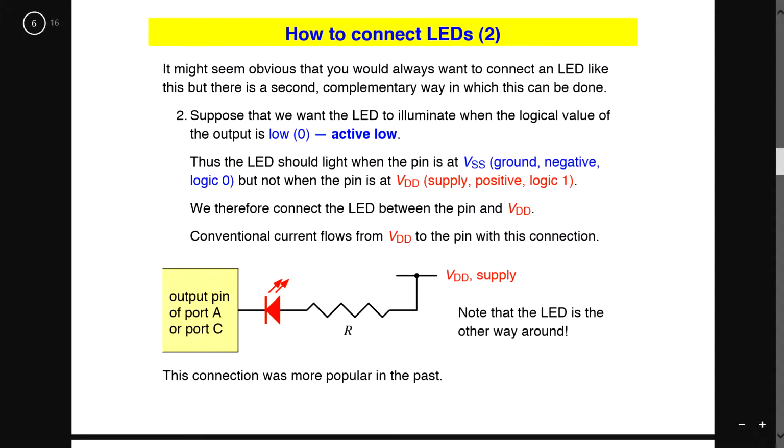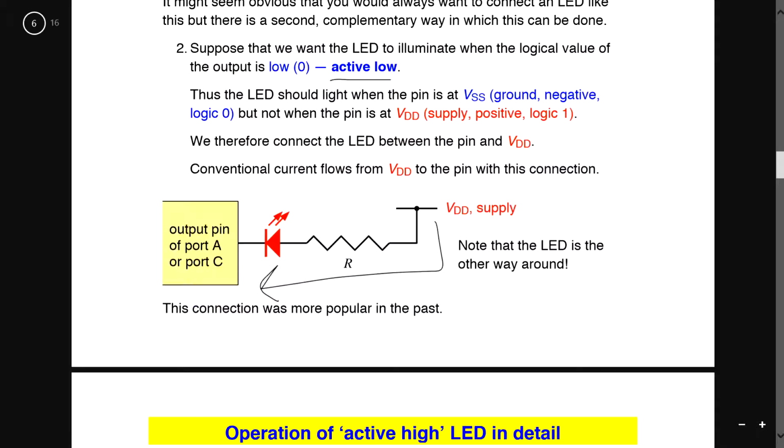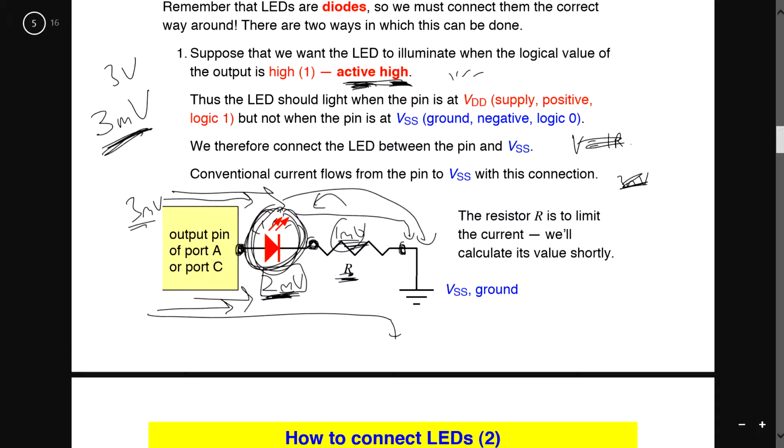Let's go. Active low, on the other hand, is VDD supply, diode, and then pin. It's the other way around, reversed. As you can see, this LED is turned like this. This is the plus, this is the minus. Sorry, my fault. This diode over here is like this. This is the plus, this is the minus also, but it depends on how you flip it.